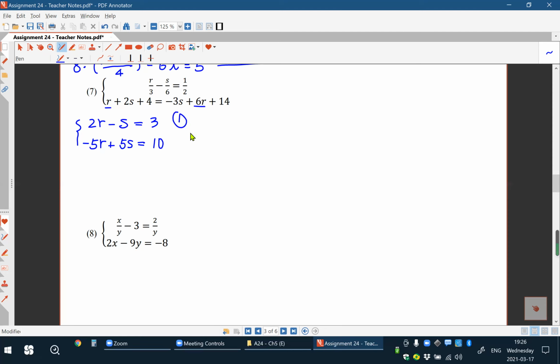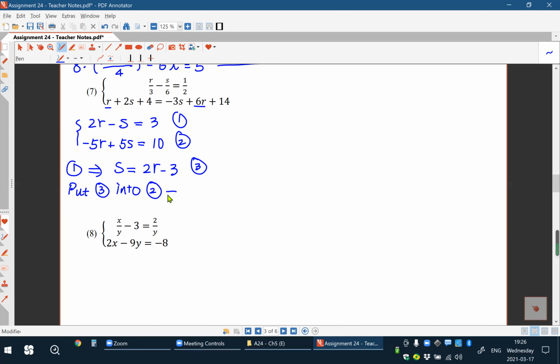Let's call this 1 and call this 2. From 1, we can solve s in terms of r. s is actually 2r minus 3, right? Let's call this 3. And then we can put 3 into the other equation, which is 2, right?